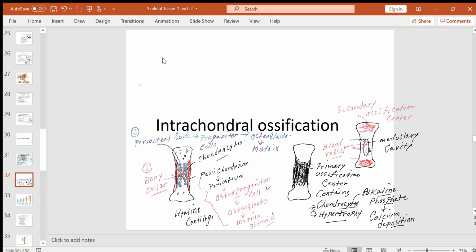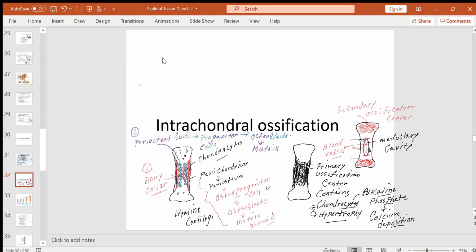Now you see here, from two ends bone tissue is being formed from the secondary ossification centers, and from the center the shaft part is being formed, right?